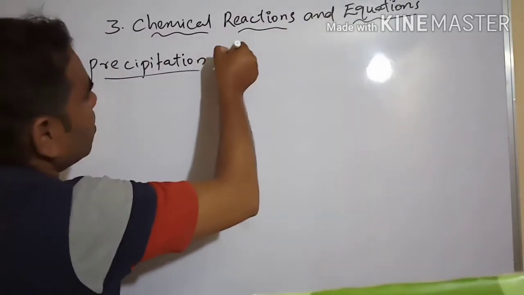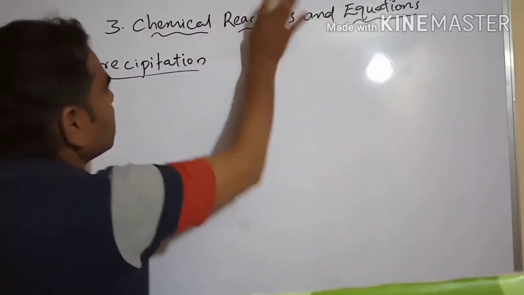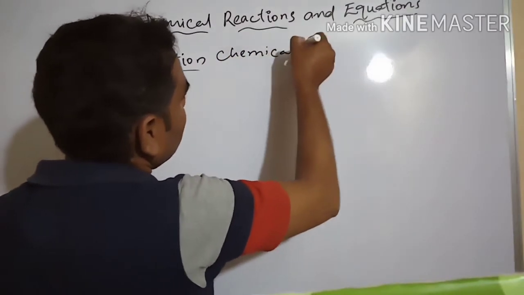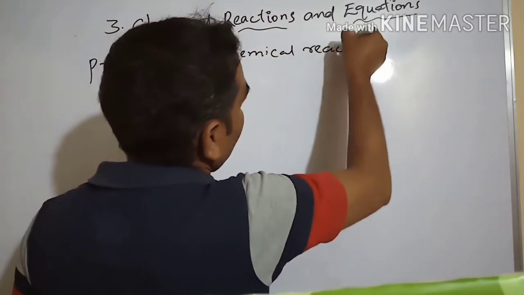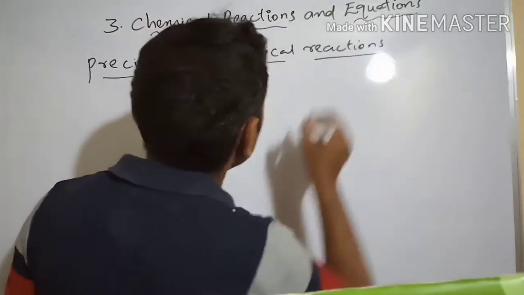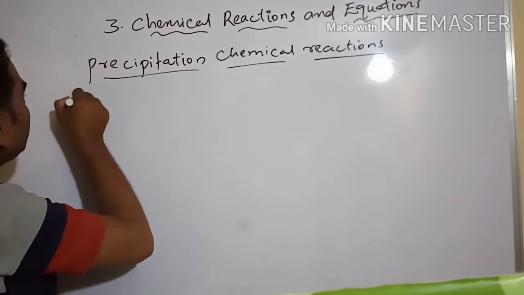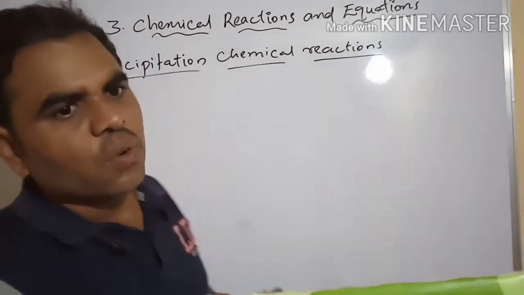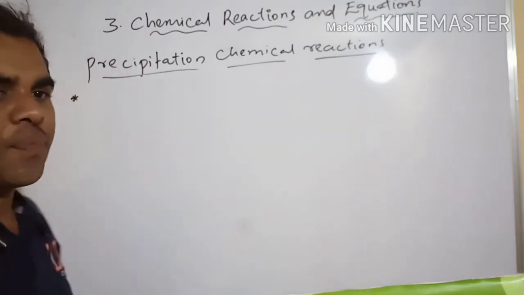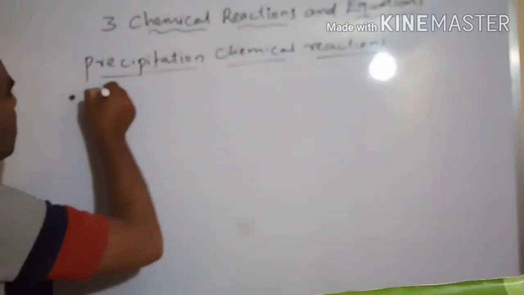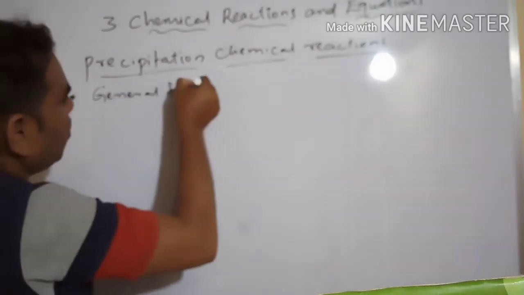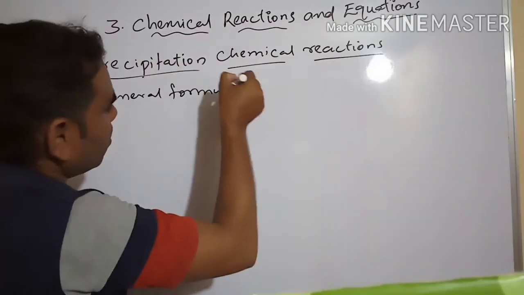Precipitation chemical reactions. We have to learn the general formula. What is said here?